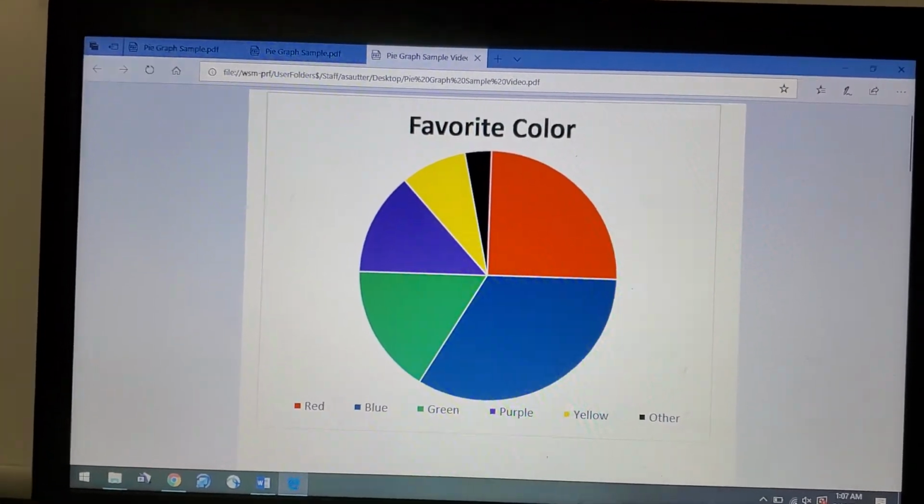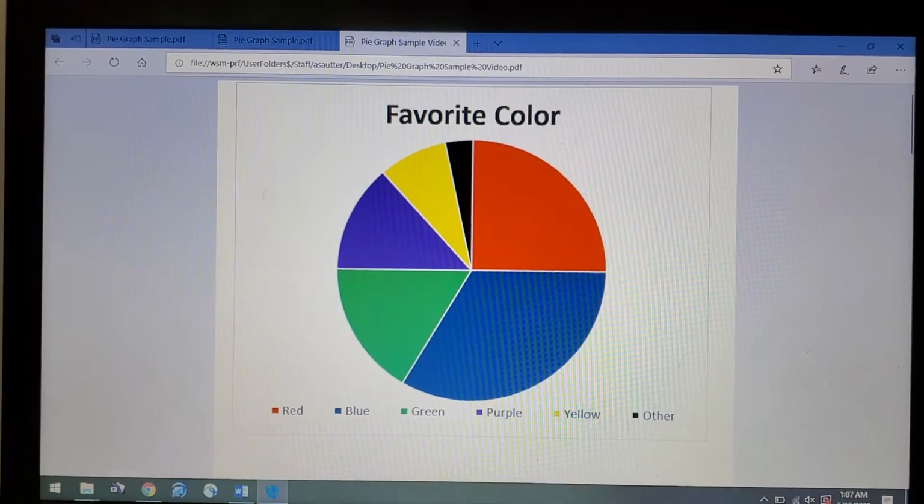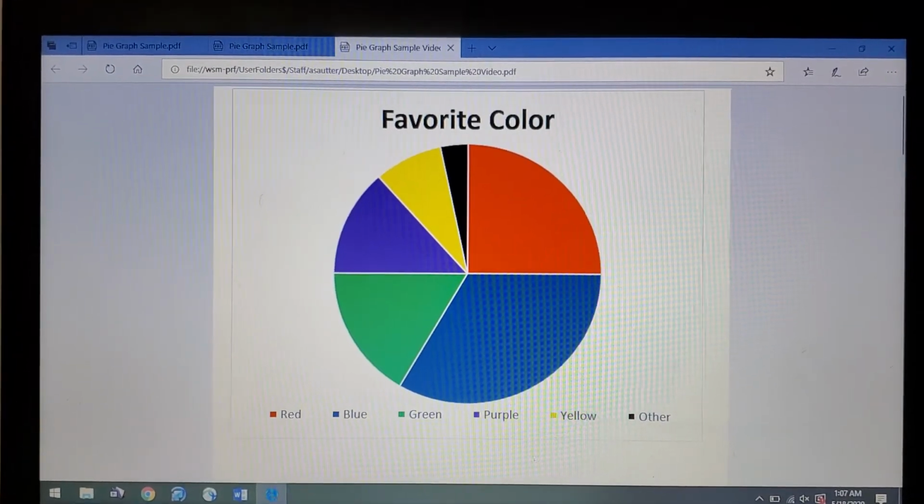Now, if you've seen fraction pieces, they look a lot like this.